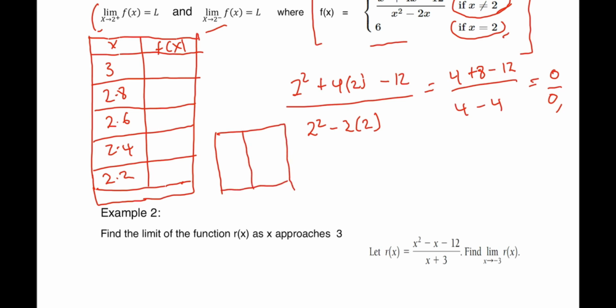The next value we want to approach is maybe 2.001, which means we are not making x equal to 2.